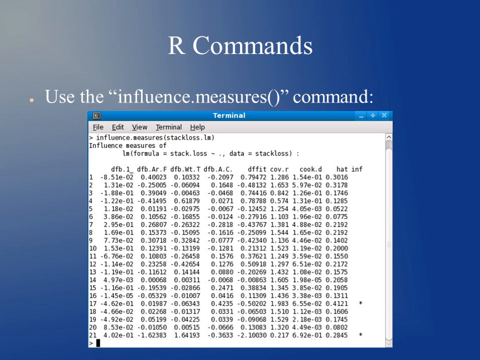And remember that it's in terms of the standard deviation of the coefficients. I think the general rule of thumb is 2, so 2 standard deviations different means that it is very influential on those coefficients.